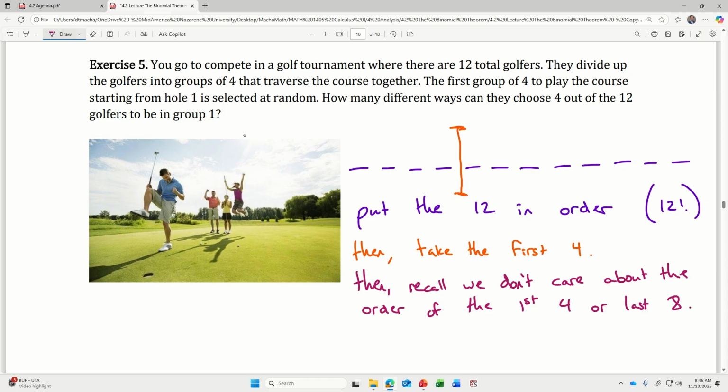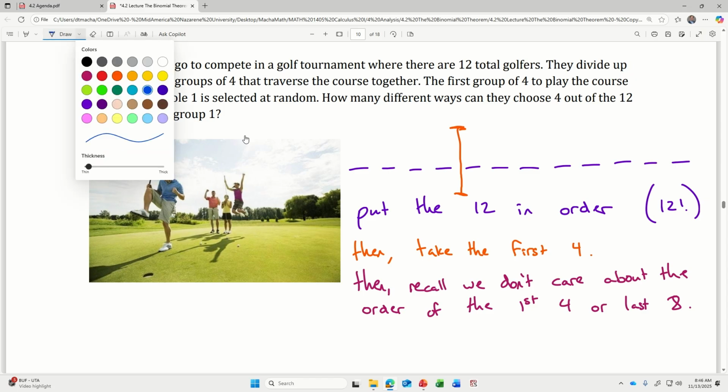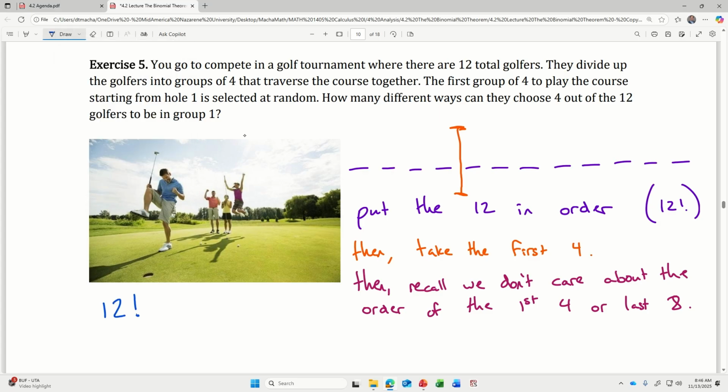So when we go to do this, we are going to take 12 factorial for the number of ways to order the golfers. Then we're going to divide by 4 factorial. And then we're going to divide by 8 factorial. Because there's 4 factorial different ways to permute the first 4 golfers, and I don't want to distinguish between those cases.